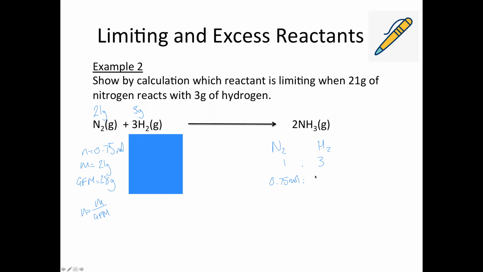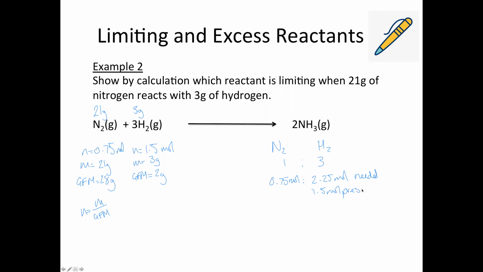So we need to times that 0.75 by 3, which would give us 2.25 moles. That's how much we need. So how much have we actually got? We've got only 1.5 moles of hydrogen present, so that's not enough, which means that the hydrogen is now our limiting reactant.